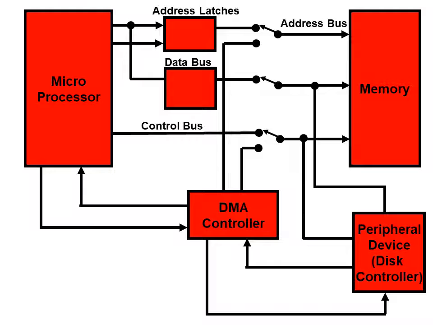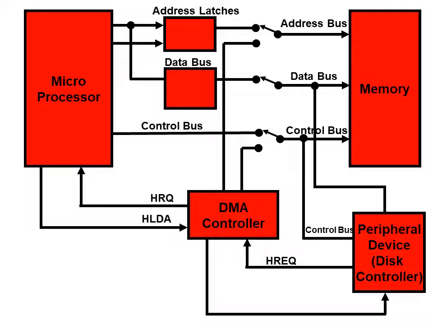When we want to transfer the data, when this IO device wants to transfer the data to the memory, then this device will give a hold request signal to this DMA controller.